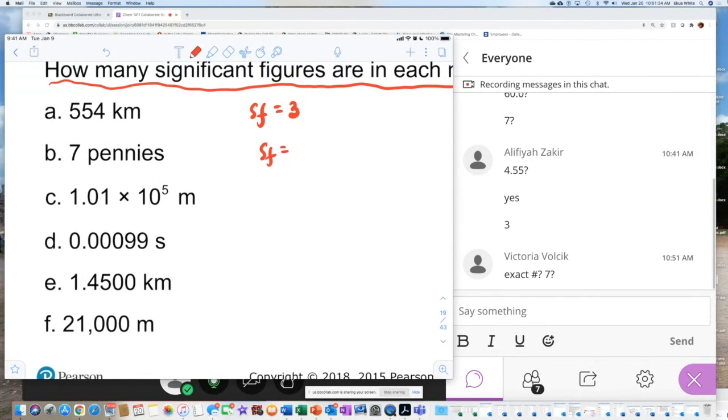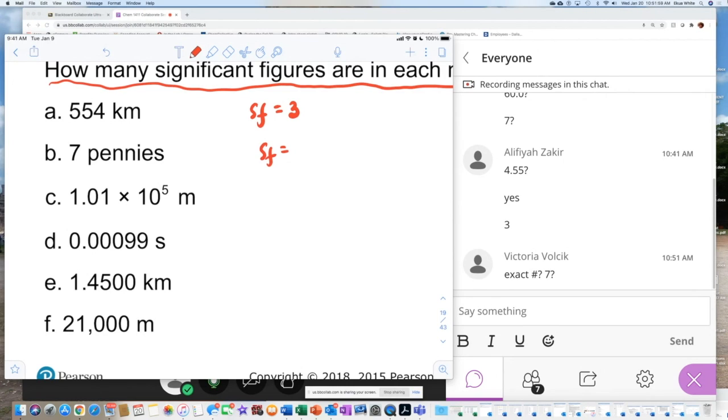Now, this is where some books, not just books, but the authors disagree. Just so you know, even though the goal is for everybody to be on the same page, everybody is not on the same page, even when it comes to the rules, right? This author, Tro, says this is an exact number because 7 pennies will always be 7 pennies.